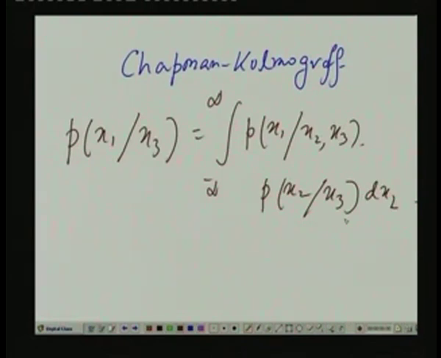Now we have to consider its discrete version. In the discrete version, the random variables x1 to xn are not continuous, they take discrete values, some finite set of values.